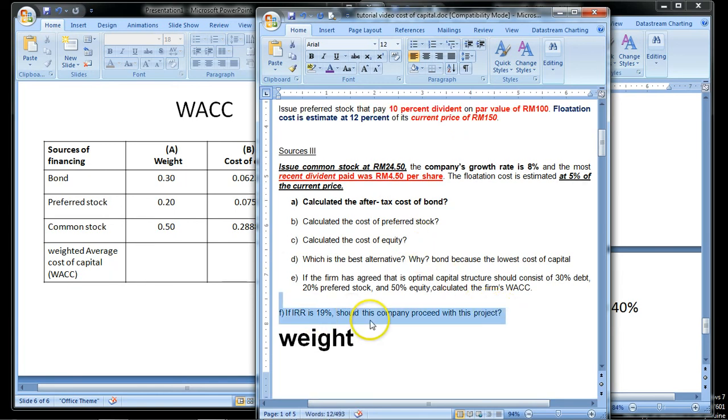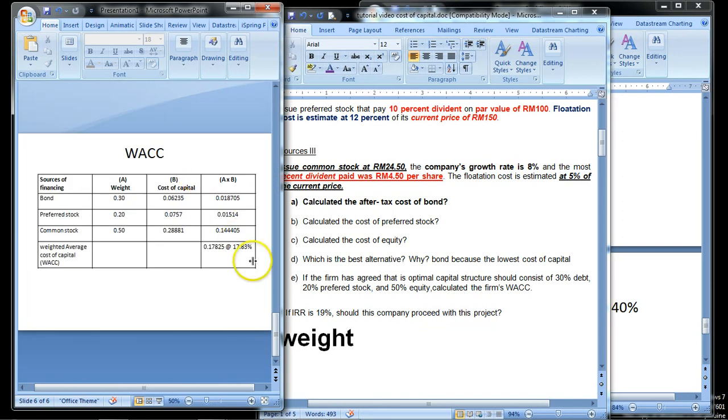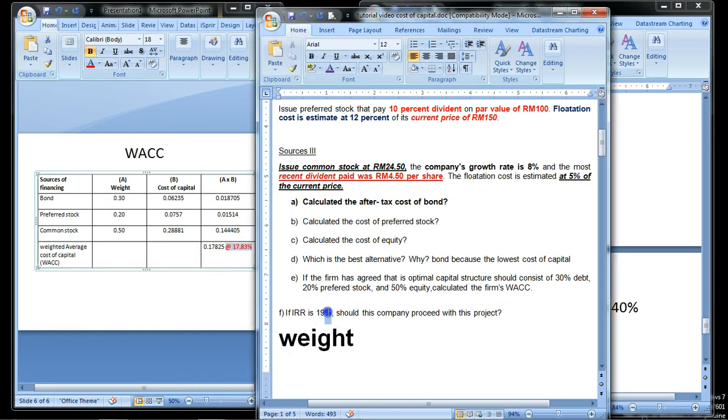If IRR is 19%, should the company proceed with this project? Yes. Why? When you compare to your cost of capital, okay, this is your cost of capital, correct? 17.83. Cost of capital is 17.83, but your return is 19%.